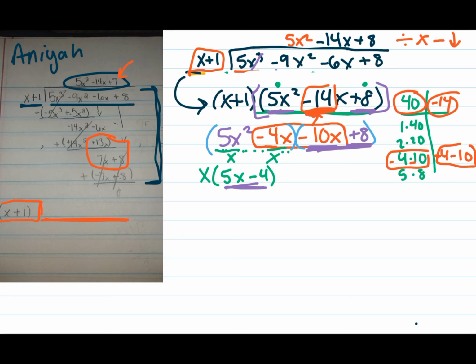So looking at negative 10 and 8, my GCF is 2, but I'm going to make it a negative 2, and you'll see why in a second. So we're going to divide out that negative 2 from both terms. Negative 10x divided by negative 2 is 5x, and 8 divided by negative 2 is negative 4. So now we know we're doing good because these guys match.